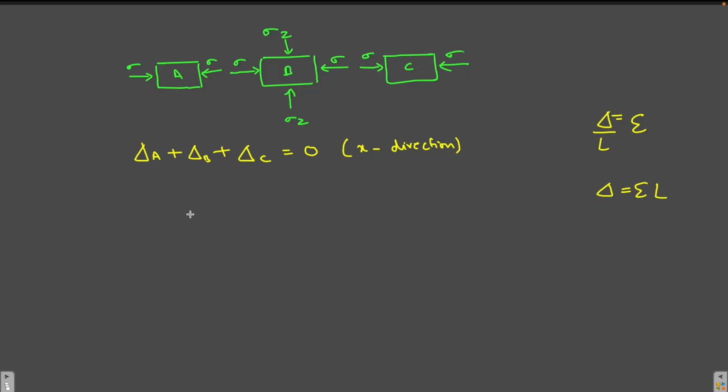So can we write that this implies strain in A into length of A plus strain in B into length of B plus strain in C into length of C must be equal to 0. From here I am writing it. Change in length to the original length is strain, so from there we can write change in length is equal to strain into length.